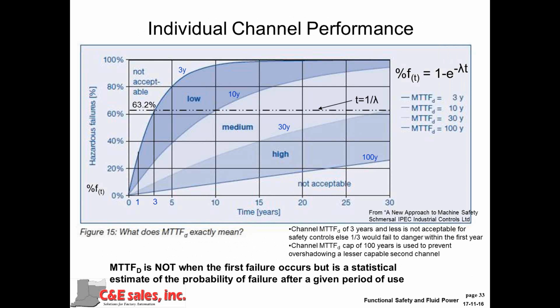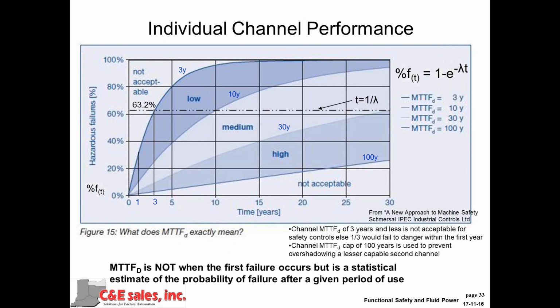This is just a chart to give you some idea of the relationship between a percentage of failures over a given period of use for given devices or circuits that have known mean time to dangerous failure.